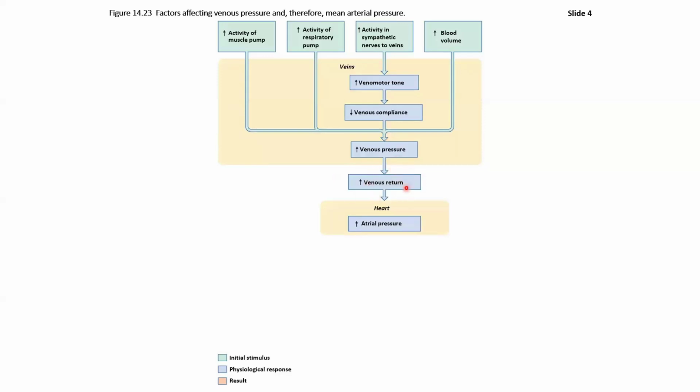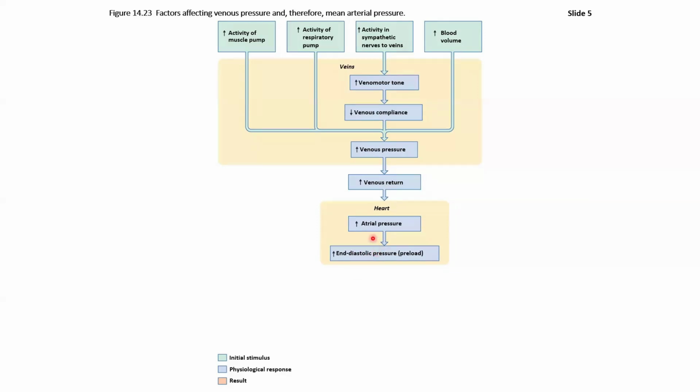So now we're going to see increased venous return, more blood entering the atria of the heart. That increases atrial pressure, which increases end diastolic pressure or preload, right? Remember, at the end of diastole, the ventricle needs to have filled enough in order to eject enough. That's your end diastolic pressure. And if there isn't enough venous return, the ventricle cannot load or fill enough to adequately eject.